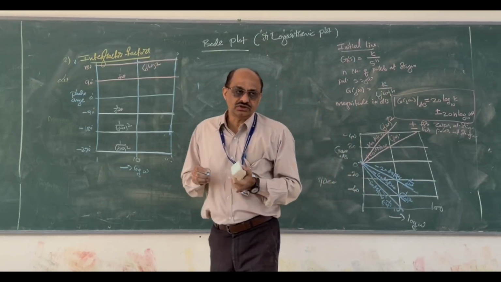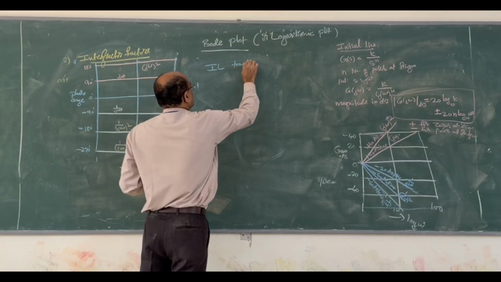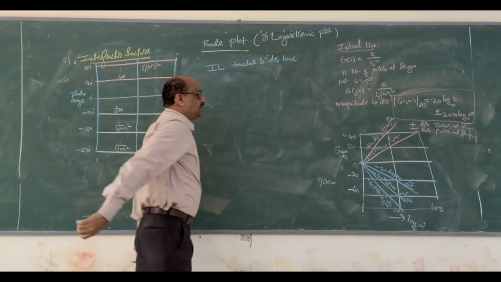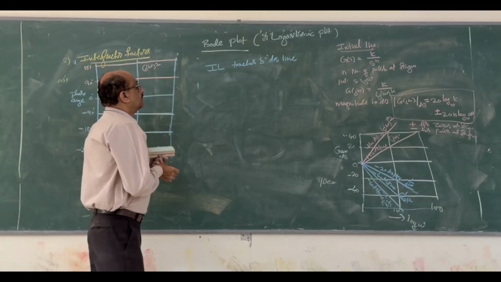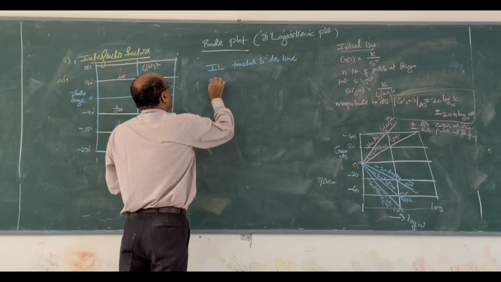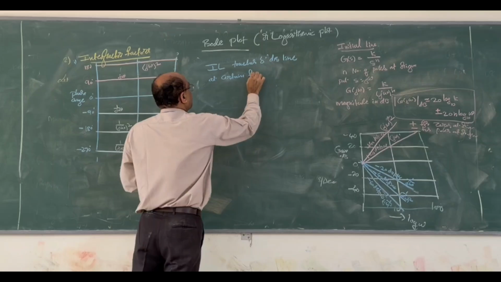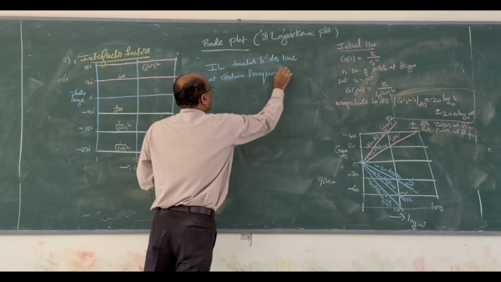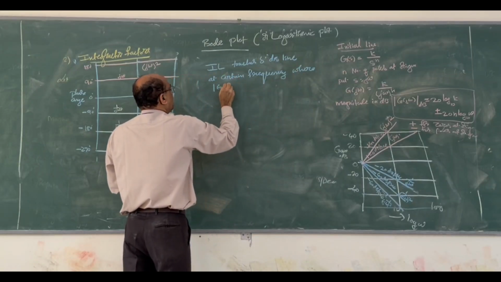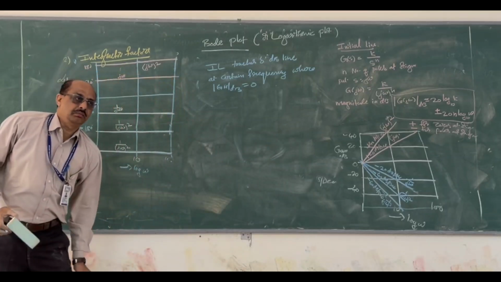Write that: the initial line touches the 0 dB line at a certain frequency where the gain in dB is equal to 0.